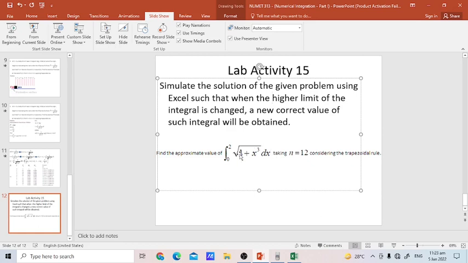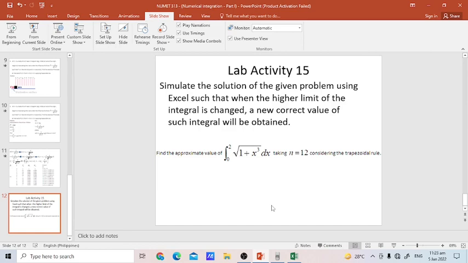The square root of a negative number is imaginary, so there is no area then. It should be positive. So what we will do is keep 0 as our lower limit and only change the higher limit. Okay? I hope you get it.